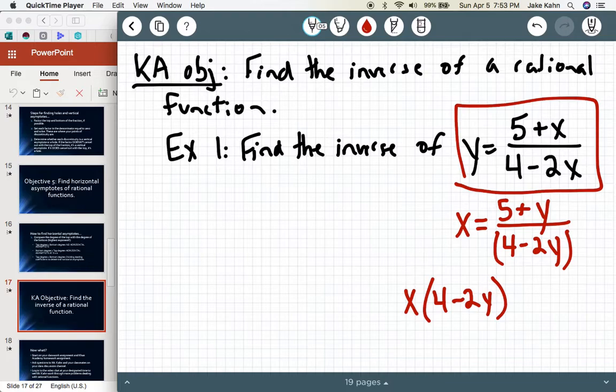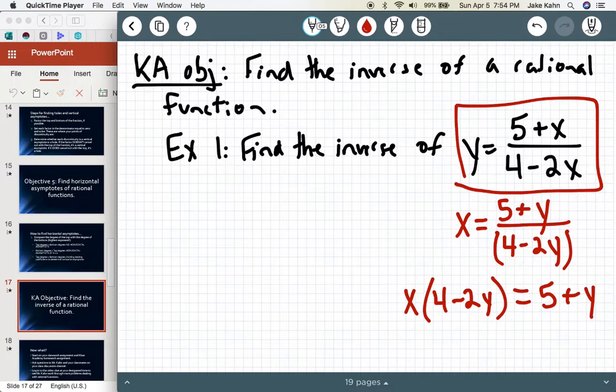That's going to bring this 4 minus 2y over to the left, and it's going to cancel it out on the right. Then, when you have this equation without a fraction, you're going to distribute the x on the left side.